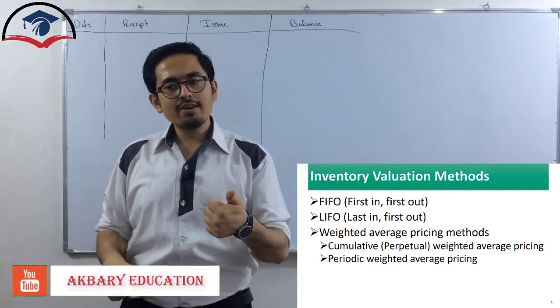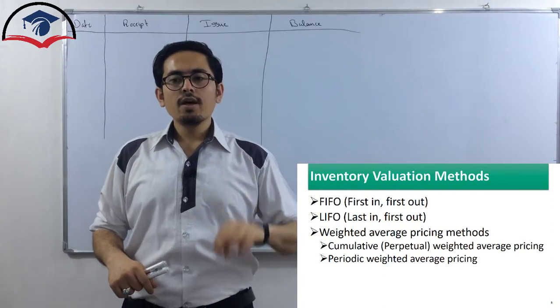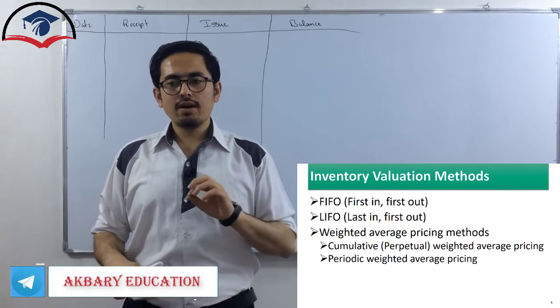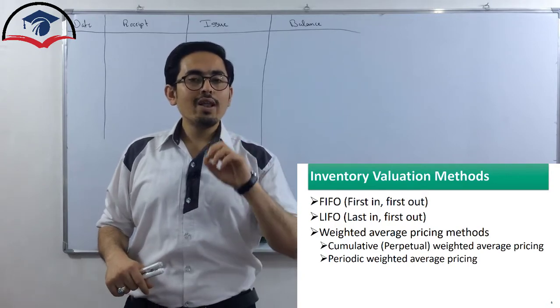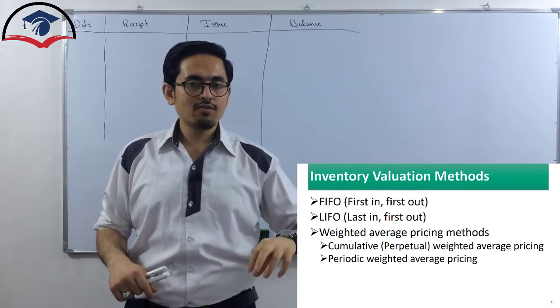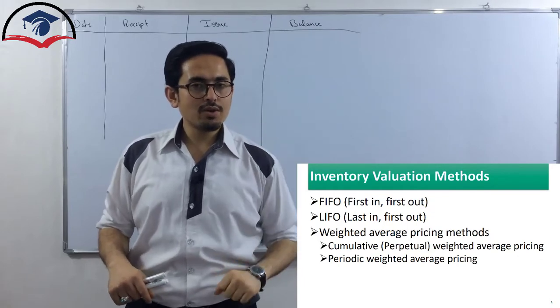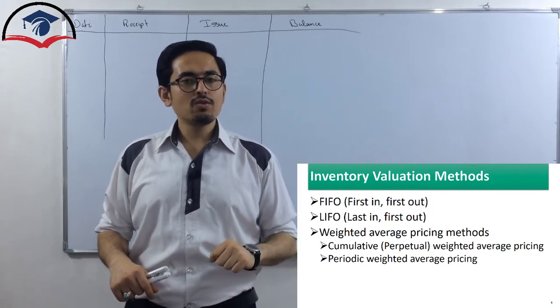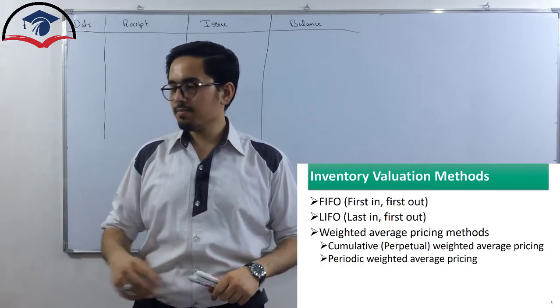One is the cumulative or perpetual, and one is the periodic. The FIFO and the cumulative, perpetual or periodic weighted average will be covered here in this channel. You can go through the playlist, or you can search within our channel. Those videos will be there very soon, and the FIFO is already covered.